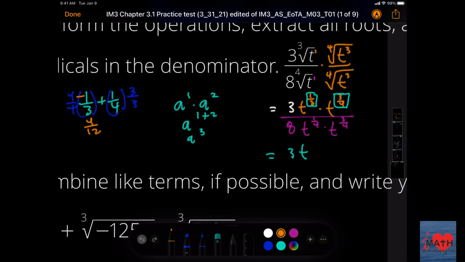It was 3/4. Yeah, that's my fault, not the textbook. I make mistakes too. Alright, 3/4 multiplied by 3/3. So 4/12 plus 9/12 gives us 13/12. That's right.